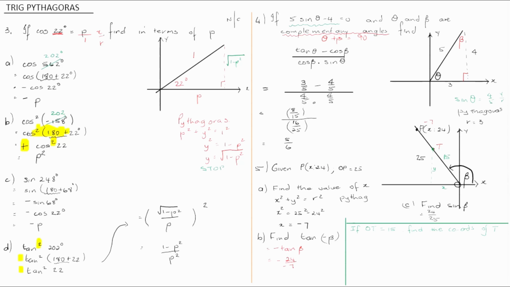So I'm going to write, first of all, X on 15, what I'm looking for over what I know, is the cos of B, and the cos of B is going to be X on 15 equals cos of B, which is negative 7 on 25.